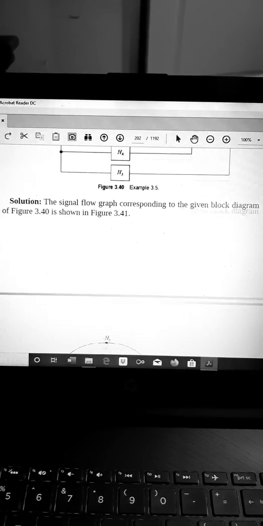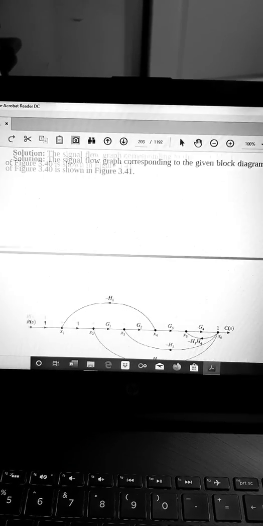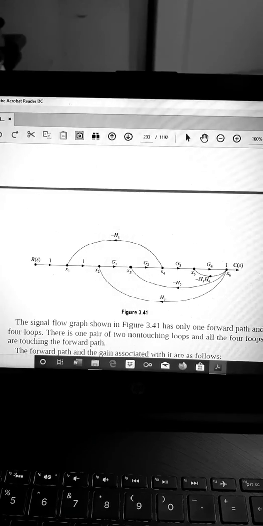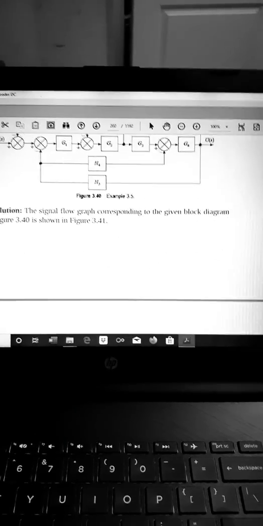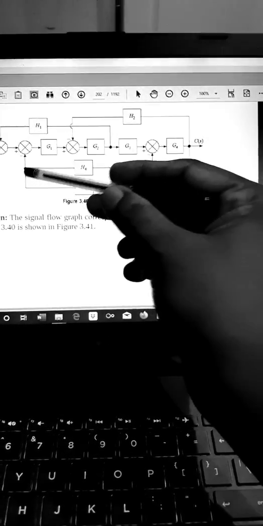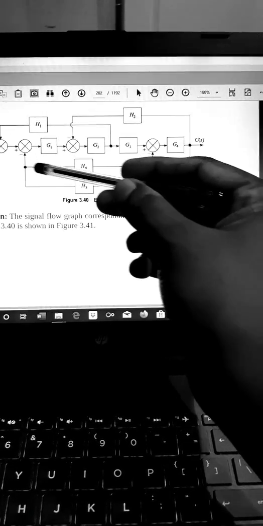So when you are doing like that, you can see that, as in the previous case, here you have to see that the signal is coming back to here, and from here it is diverting to 2.